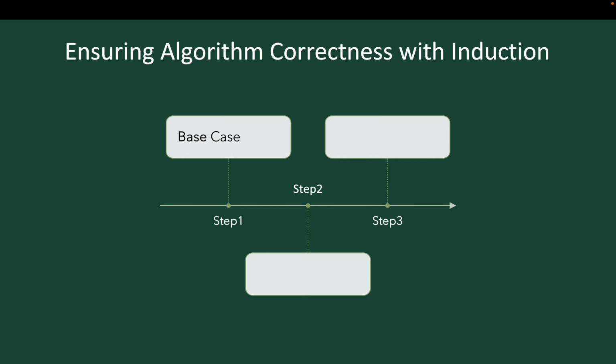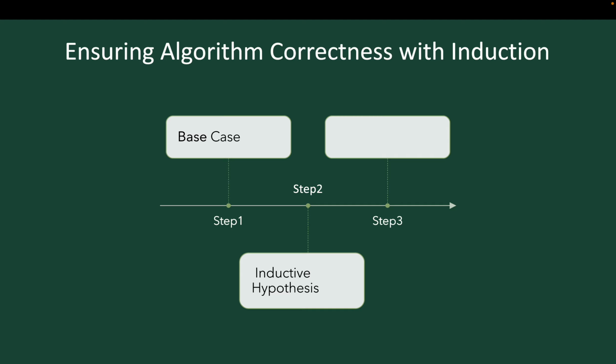If you don't have a desired output, you try to guess what the output will be for 1, 2 or 3 inputs. We call this step the base case.